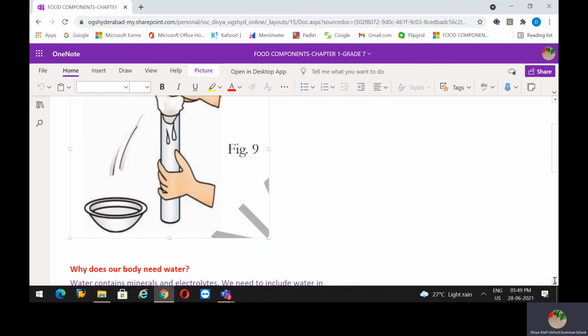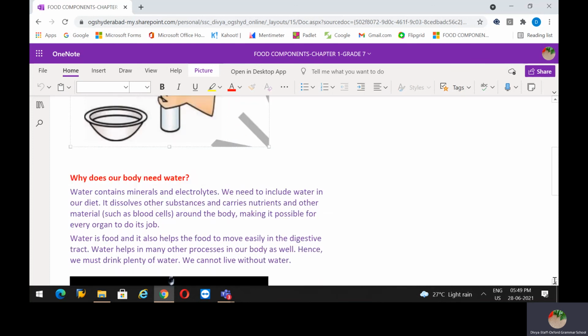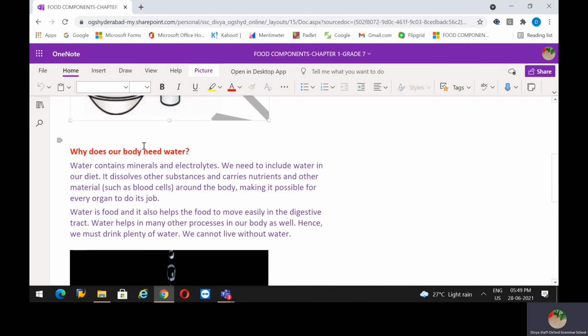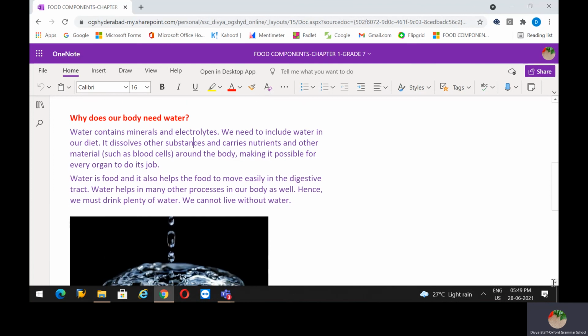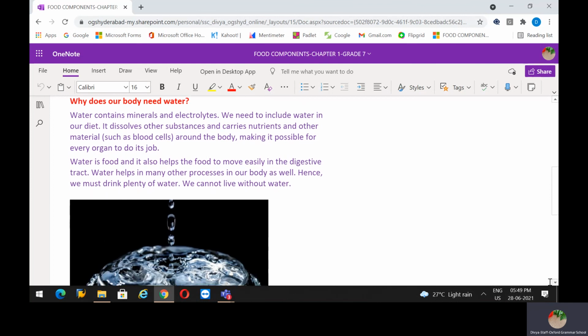Okay, so water helps in many other processes in our body as well, children. So why does our body need water, children? Because water contains minerals and electrolytes. We need to include water in our diet. It dissolves other substances and carries nutrients and other materials around the body, making it possible for every organ to do its job.